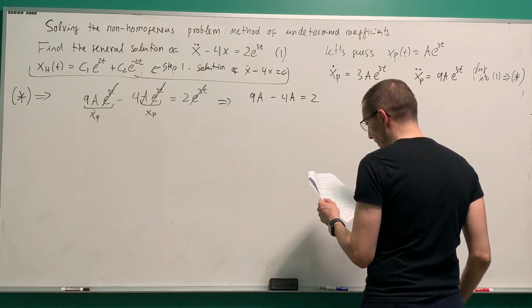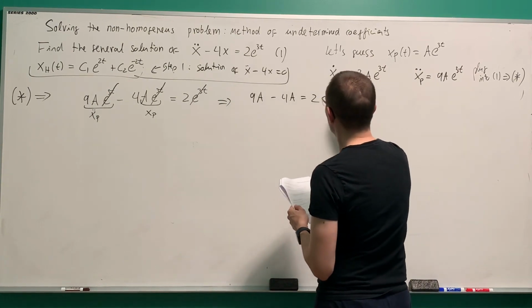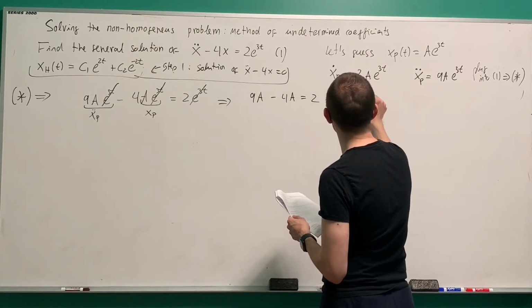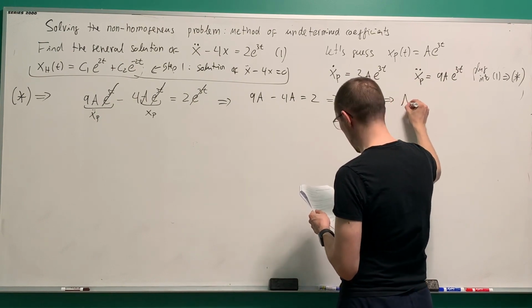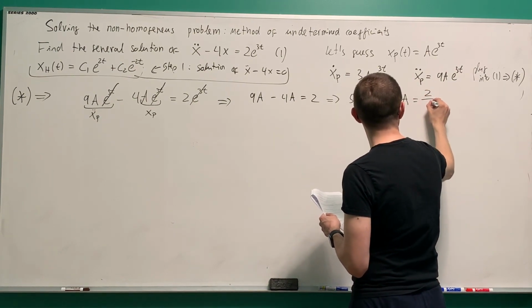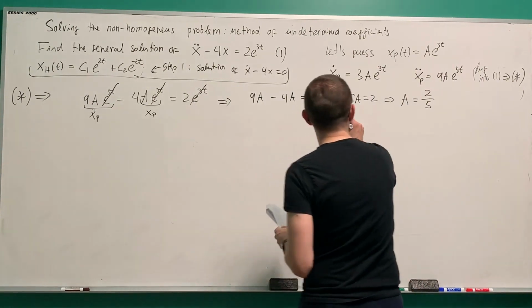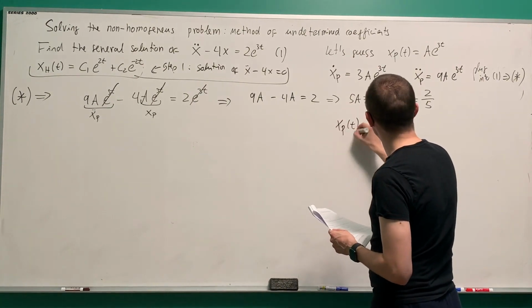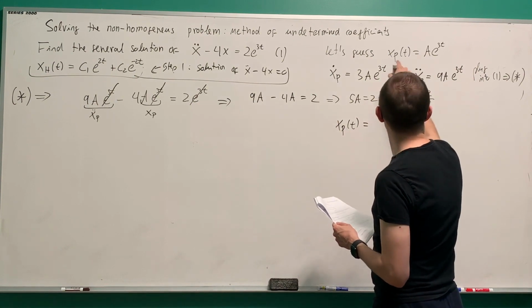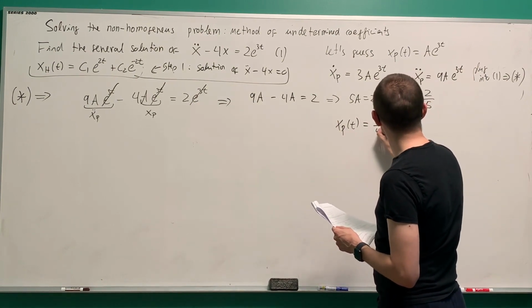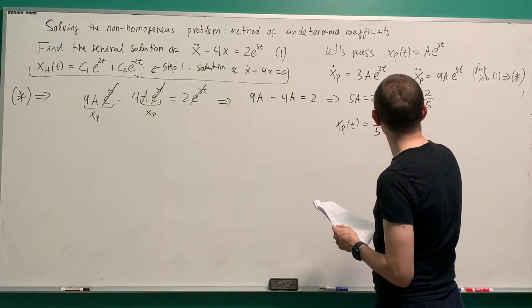How simple. So 5a equals 2, which means that a is equal to 2 over 5. There we go. We found a particular solution, xp of t is equal to 2 over 5 e to the 3t.